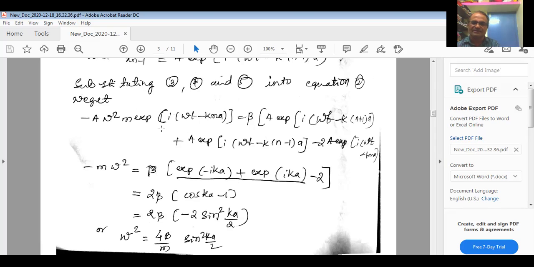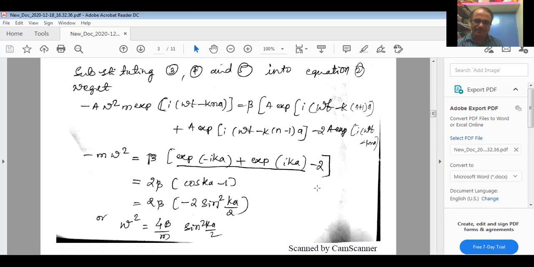So that will be cancelled. Here also the omega t minus k n a term is there in this bracket, that is also cancelled, and this term is completely cancelled as it is the same term. So after cancellation, what is left is minus m omega square is equal to beta into exponential of minus ika plus exponential of plus ika minus 2. This much is left after cancellation.